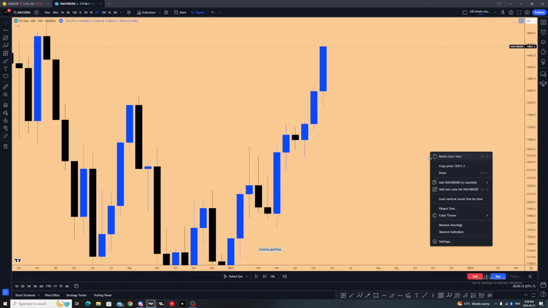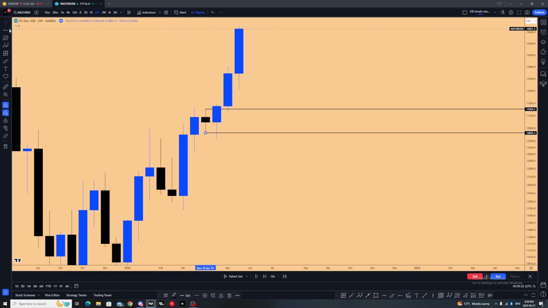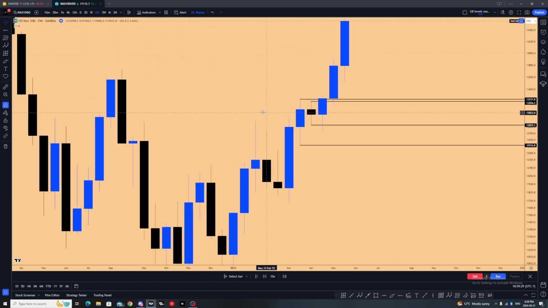And then after this inside 2-week candle pattern, there was another inside 2-week candle pattern which formed over here later on. Now this one was very clear to me, mainly because you were now trading above a major SR level.